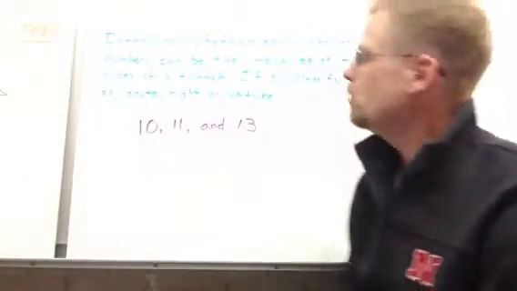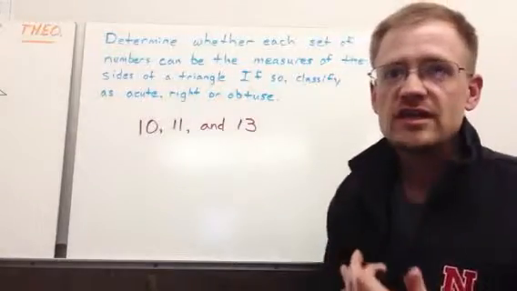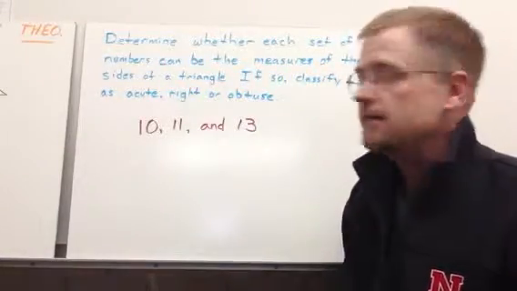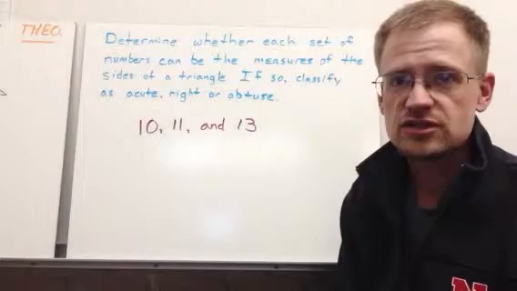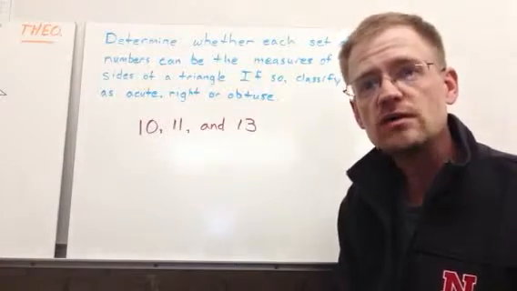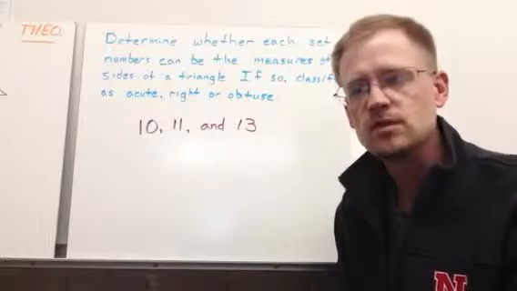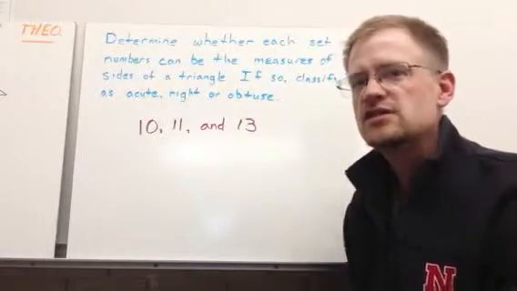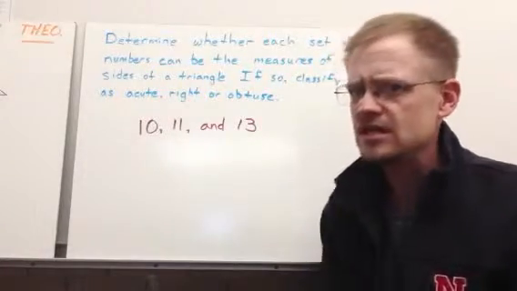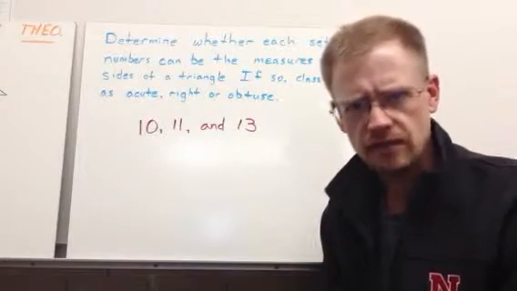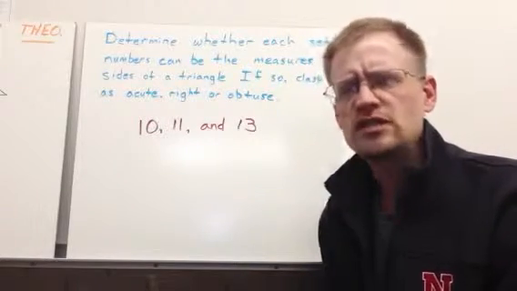All right, we want to determine whether each set of numbers can be the measurements of the sides of a triangle. And if so, can we classify it as acute, right, or obtuse? So, two-step problem here. The first thing is it's going to give us three measurements. We need to determine whether this can even be a triangle. We worked on this early January a little bit.